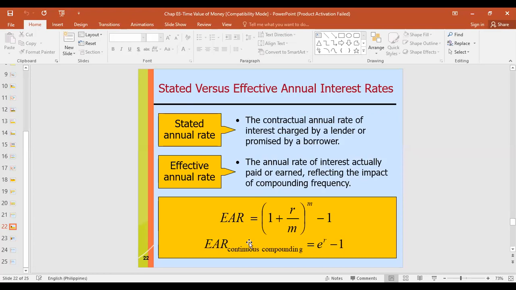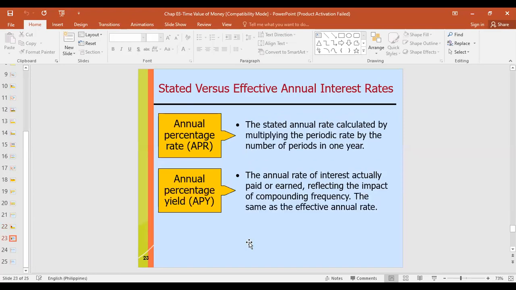But if it is continuous, we have here the formula e, which is a certain key in scientific calculators, to the power of r for the nominal rate, and then minus 1. So here are our formulas then.